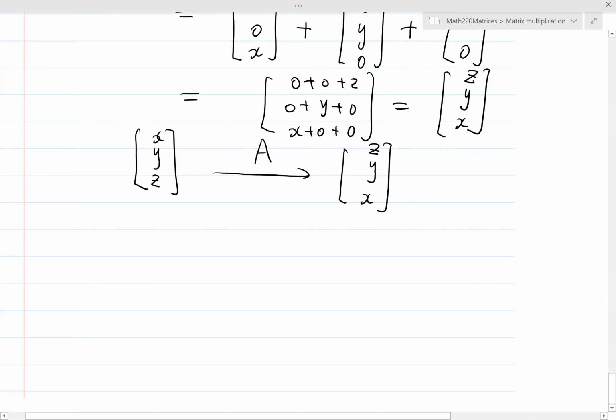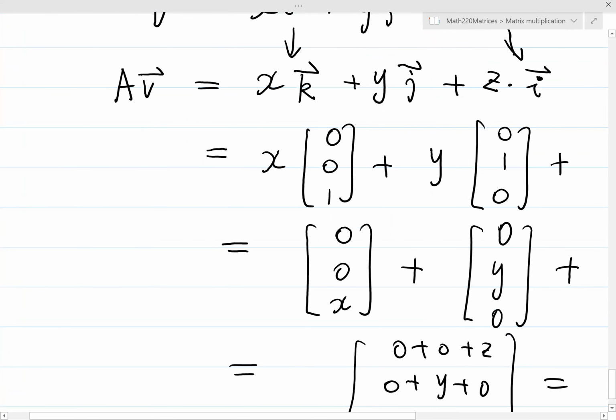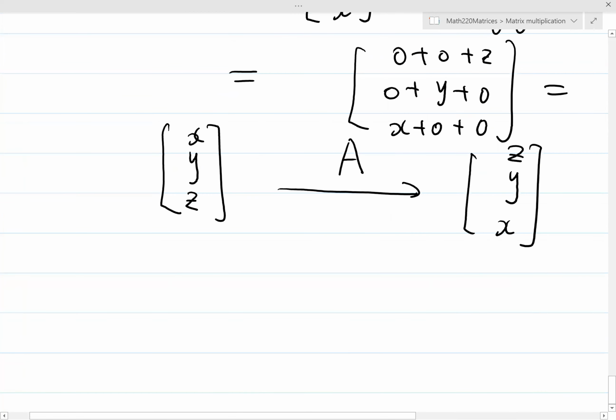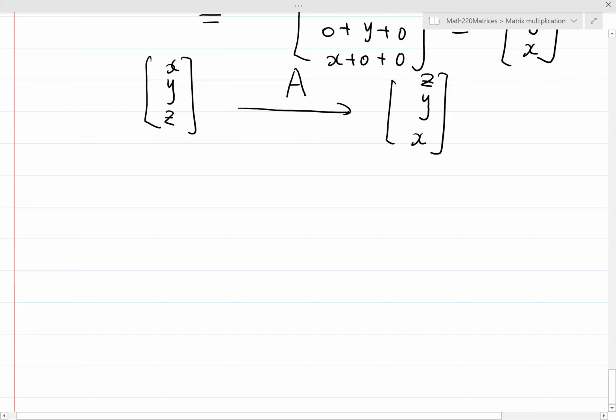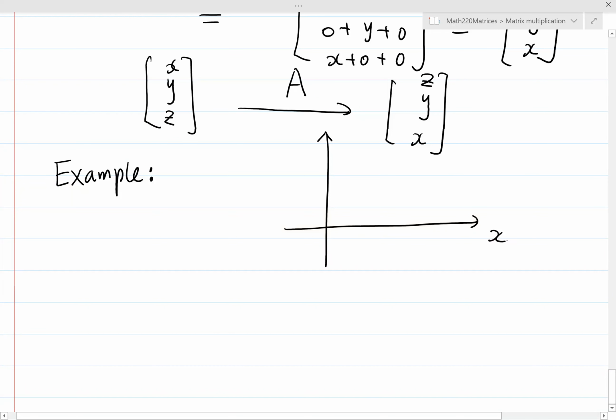Let's do an easier example, if you're confused. Let's do a less complicated example. Now suppose on the two-dimensional space, the xy plane, we have a point.